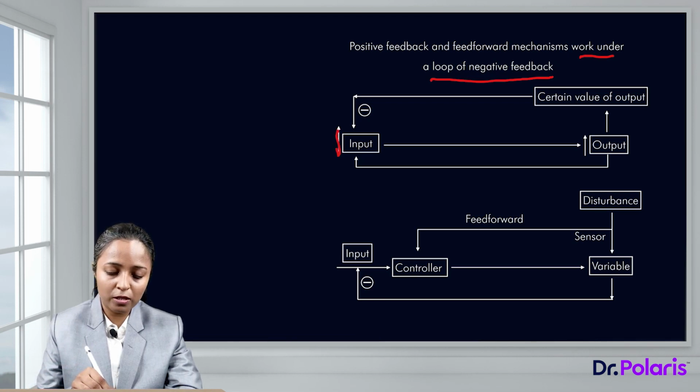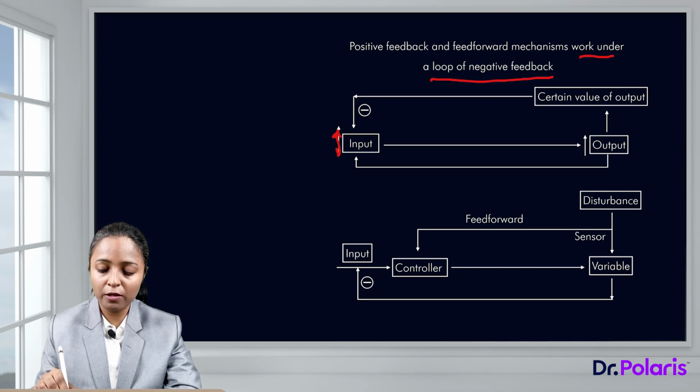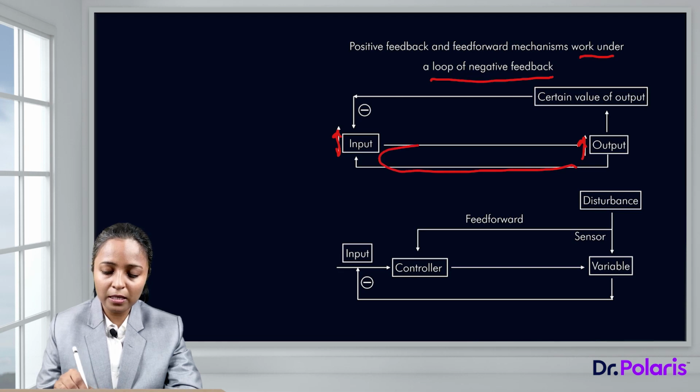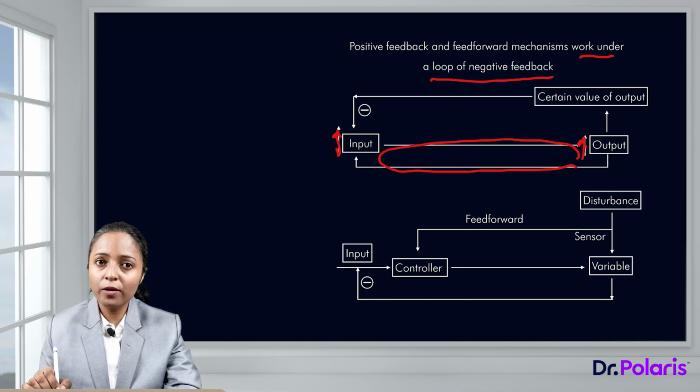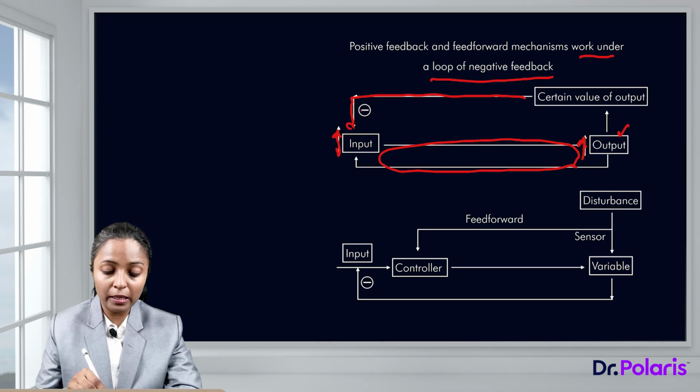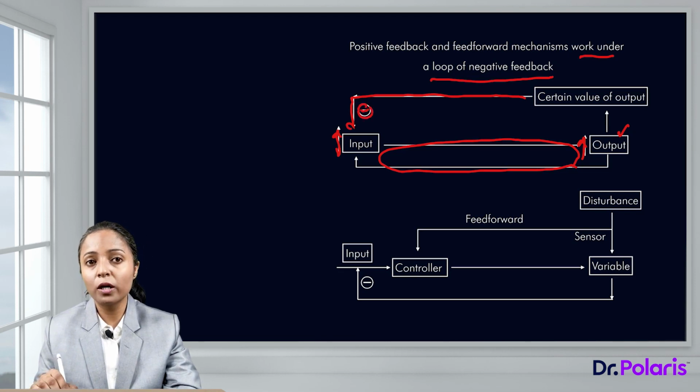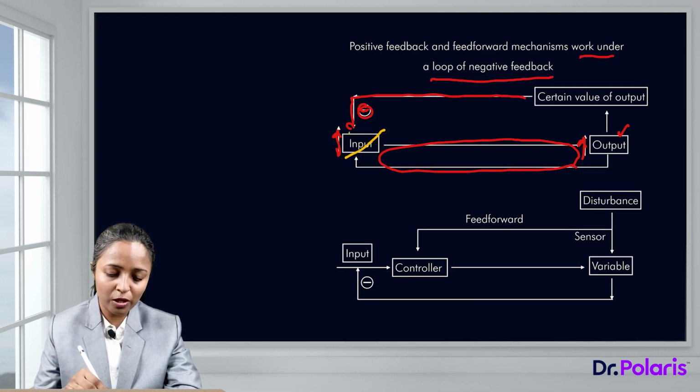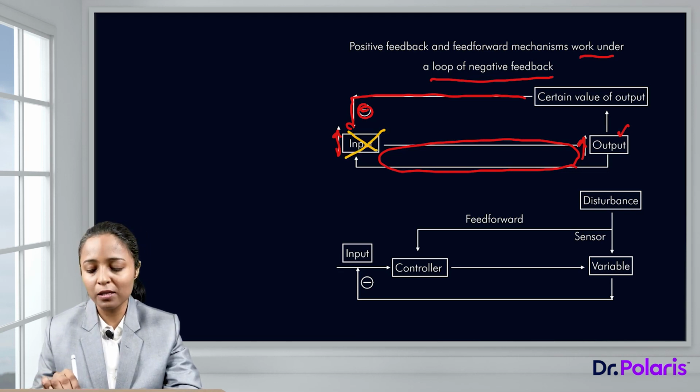There is an input value which is increasing and positive feedback is further increasing the input, continuously. However, when a certain critical value of output is reached, this negative feedback starts operating, right? So positive feedback is working under a loop of negative feedback to keep it in check. Second, positive feedback also stops when there is no stimulus. When the stimulus goes off, obviously this positive feedback is going to stop.